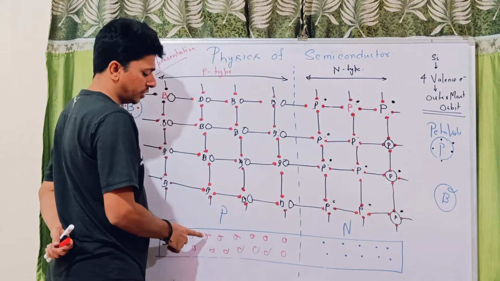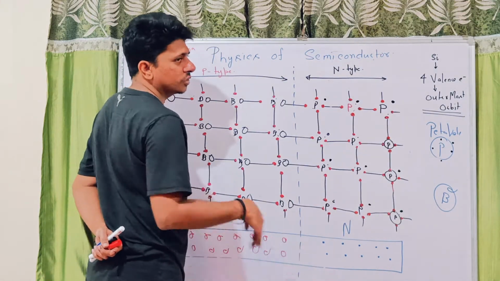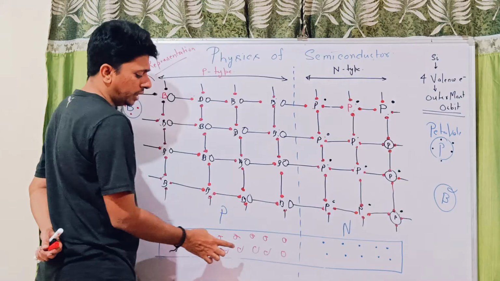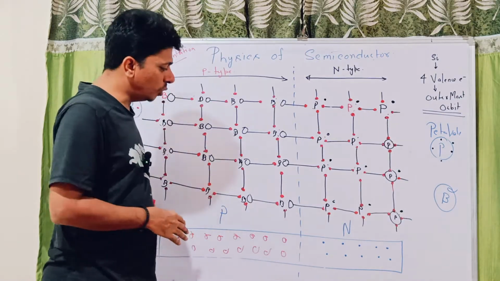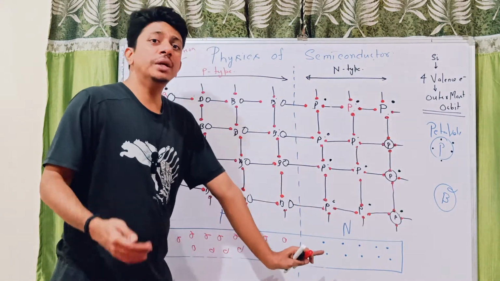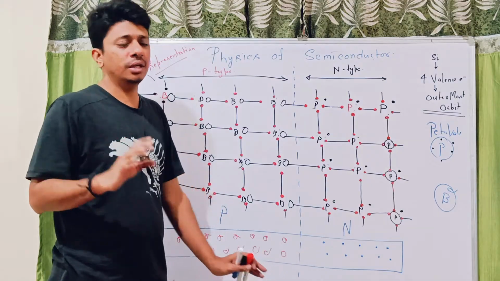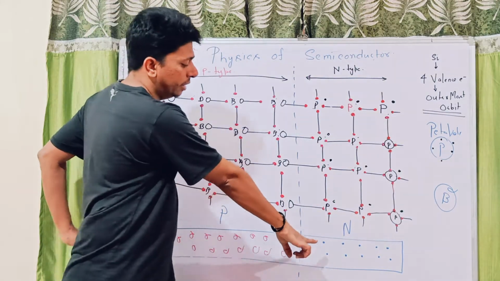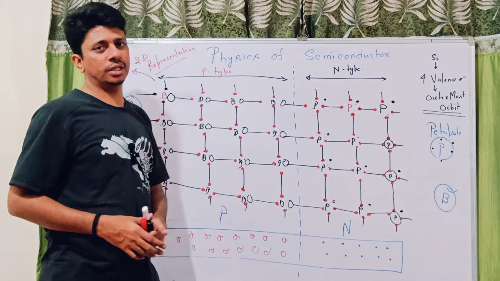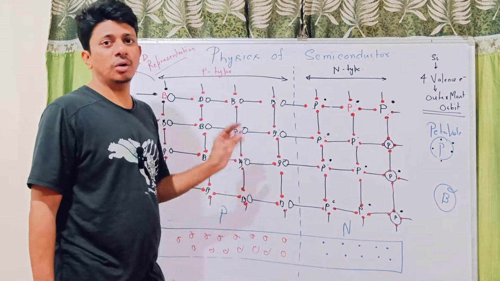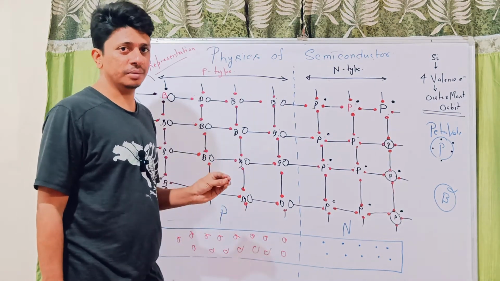Here extra holes are present and here extra electrons are present. That is why these covalent bonds are not drawn. It is understood that there are so many covalent bonds, but here extra electrons are there, extra holes are there, and this is the representation of the p-n junction.